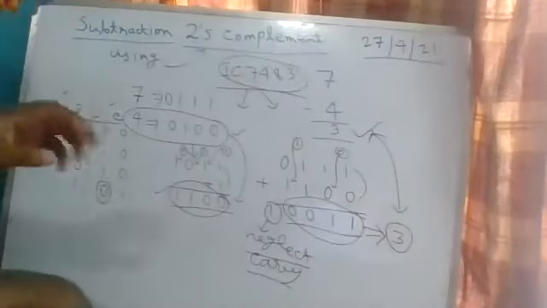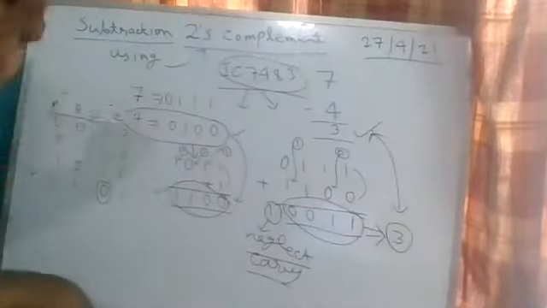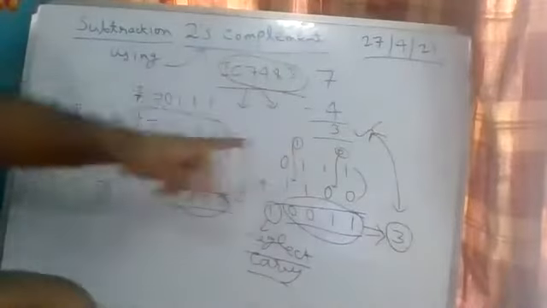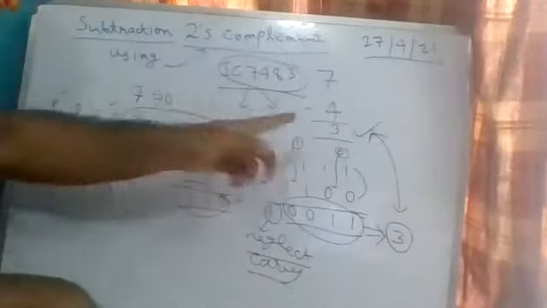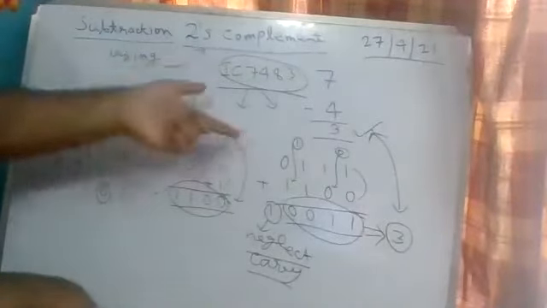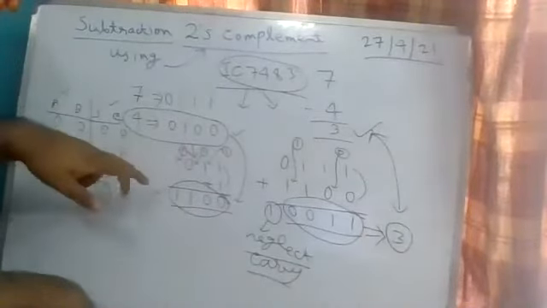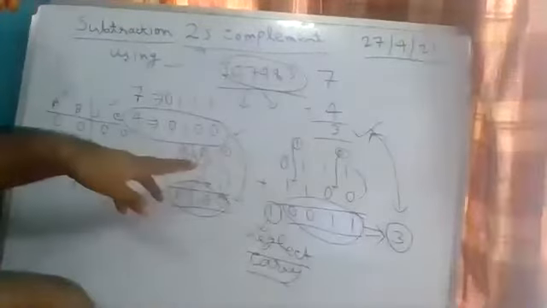You have to write all these steps at the time of examination when they give this question. If they give an example, don't do it in this way; write step by step. Step 1: convert the decimal numbers into their corresponding binary bits. Step 2: apply second complement to the second number of the subtraction.